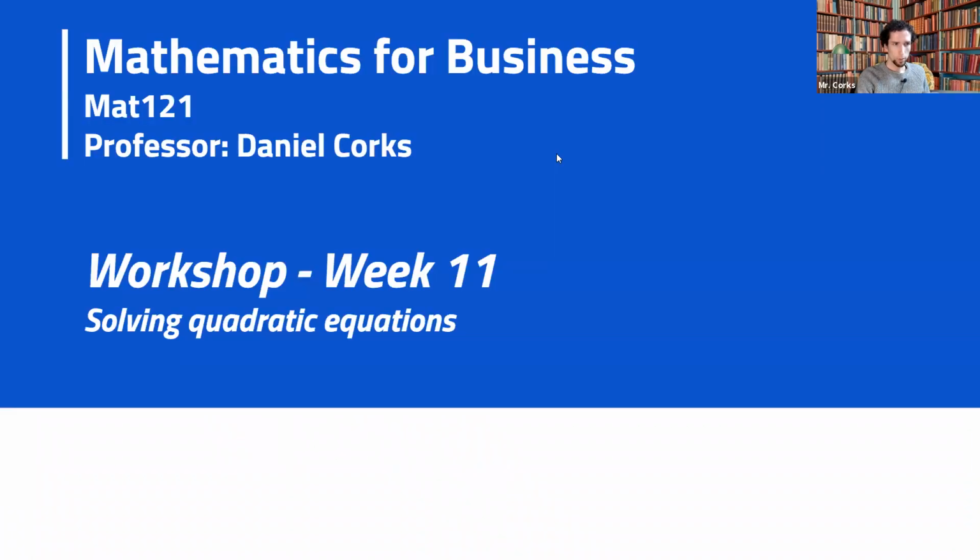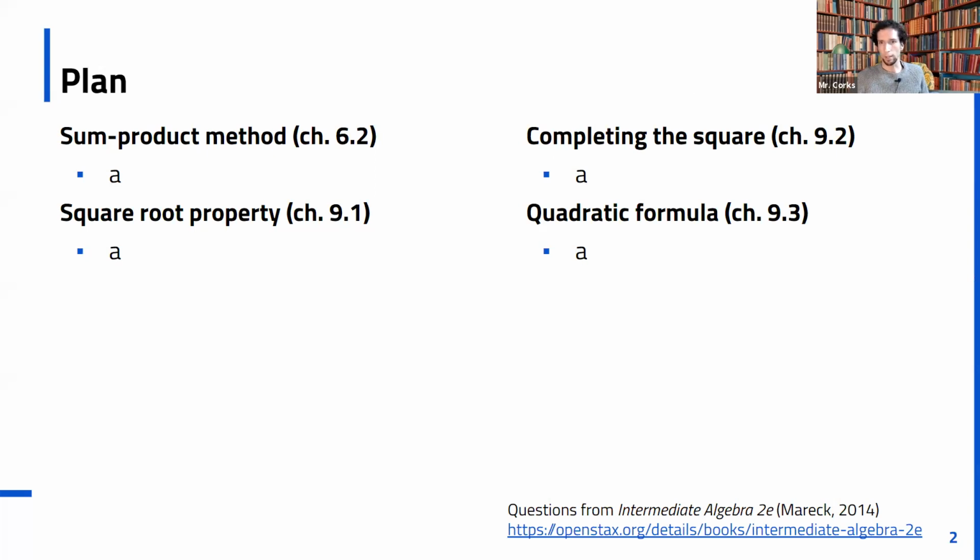Okay, so I've listed the textbook chapters. Again, I would normally write out the actual specific questions we went through, but it's in the recording and I'll post it a bit later on our classroom page. Chapter 6.2 had a bunch of shortcut methods like that sum product method that we saw.